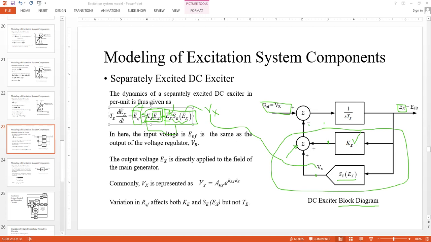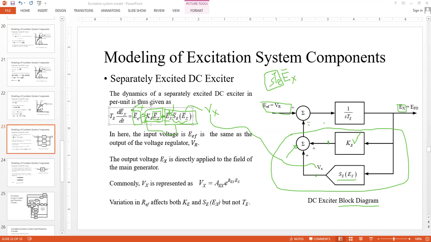Then this is DEX over DT. How do you write it? If you take the Laplace transform for this part, then you can easily write it like S TE into EX. So then you have the additional STE.